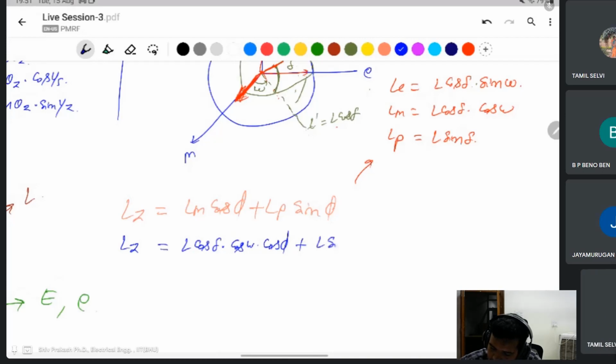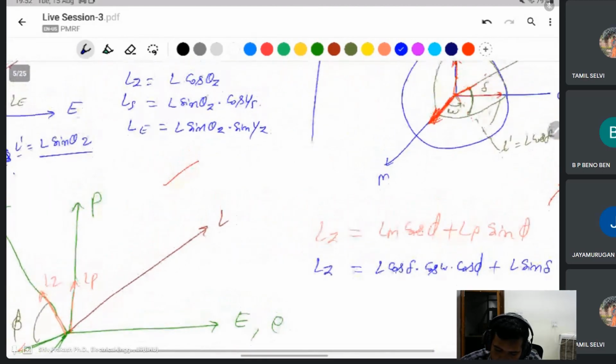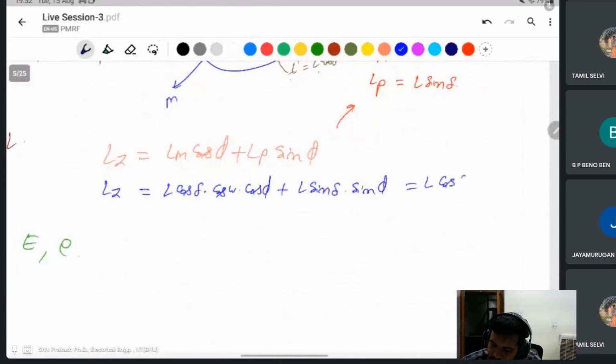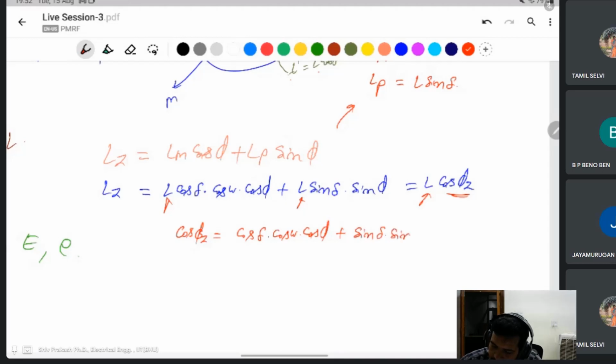LP is L sin delta into sin phi. LZ is L cos phi z. Phi z is the zenith angle. Then from here you can calculate the zenith angle. L will cancel out, then you can calculate cos phi z. Cos phi z is cos delta into cos omega into cos phi plus sin delta into sin phi.